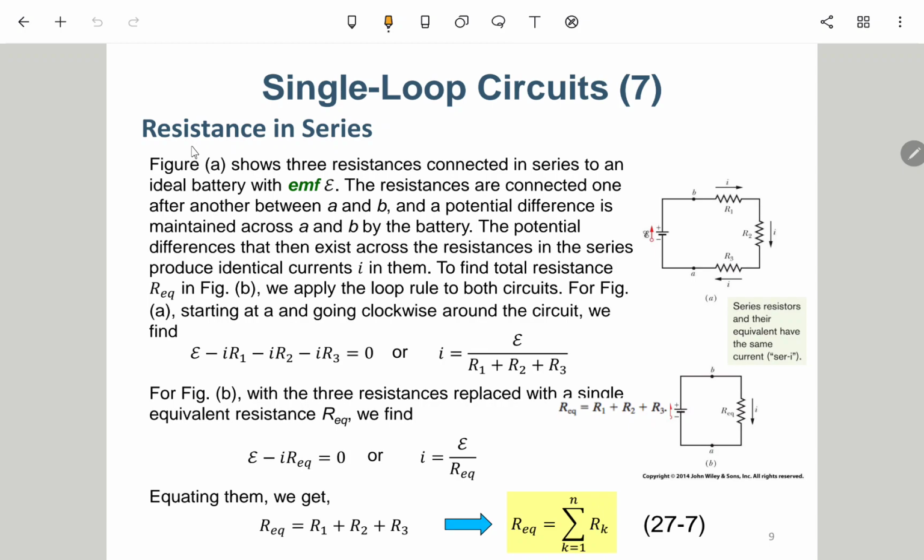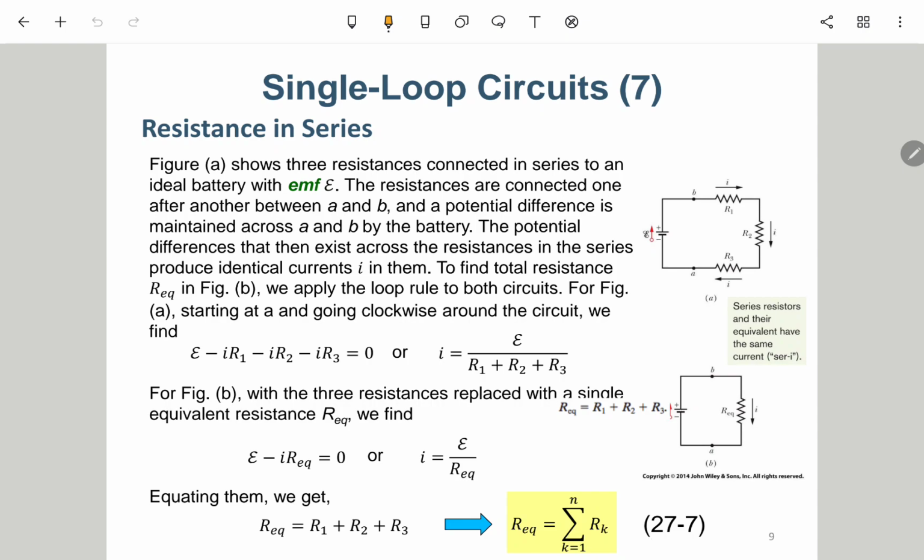Here we also have resistance in series. Resistance in series is nothing but the sum of the resistances. I think we already talked about it before, so I won't go through the steps.